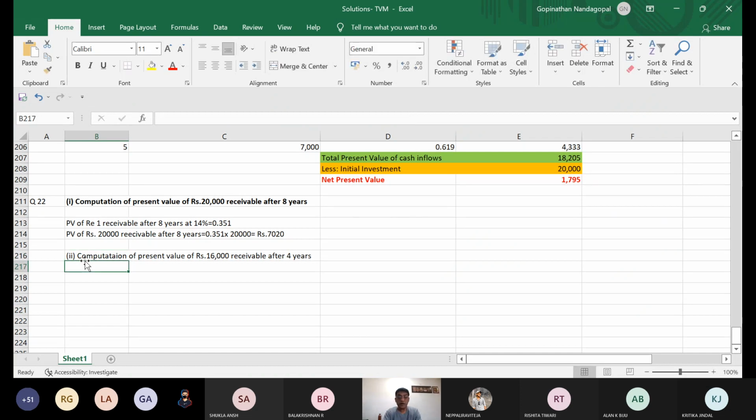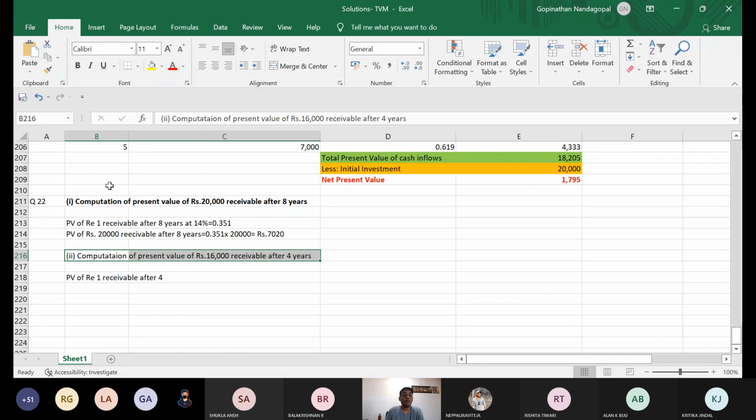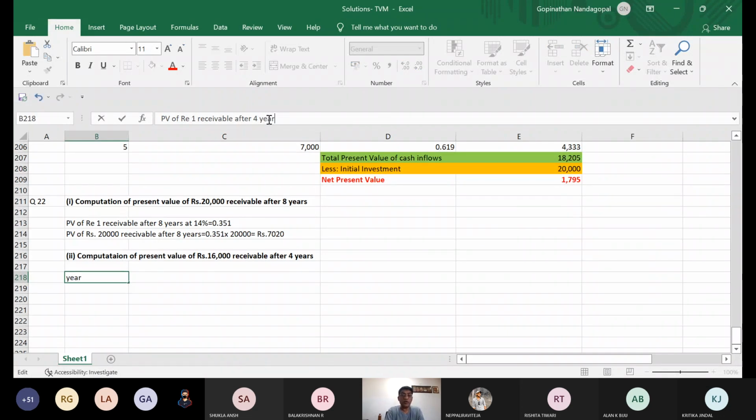So for that, we have to take PV of rupee 1 receivable after 4 years at 14%.